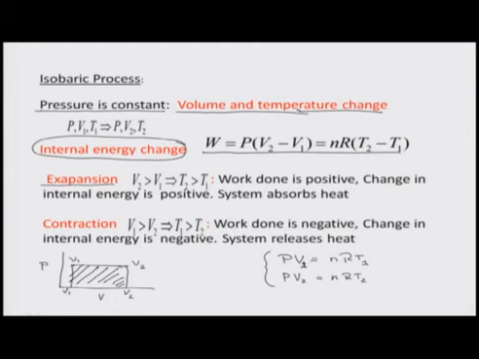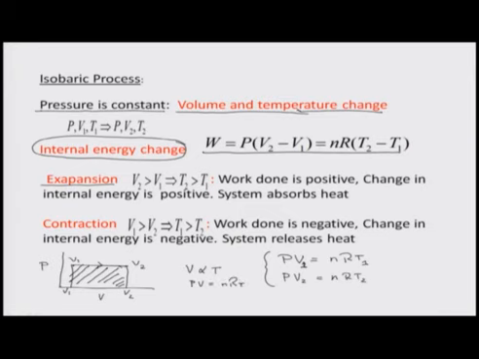If there is an expansion, that means V2, I am going this way. If I go this way, V2 is greater than V1, which implies T2 is greater than T1. Again, if pressure is kept constant, volume is proportional to temperature, because PV is equal to nRT for an ideal gas.